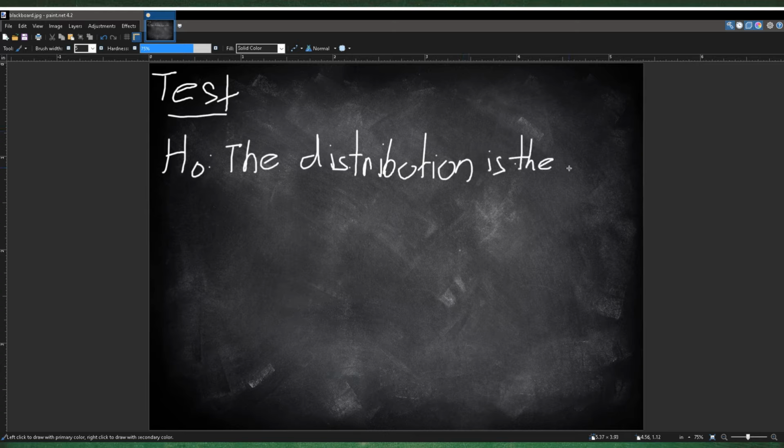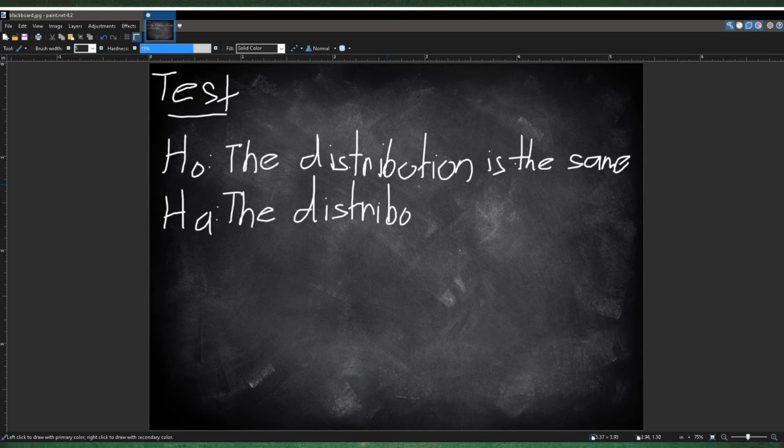But you always have to put this in context. So you can't say like the distribution or what is the same. I'll show this later on when we do an example in the end. And the alternative hypothesis is the distribution is not the same. So null is the same and alternate is not the same.